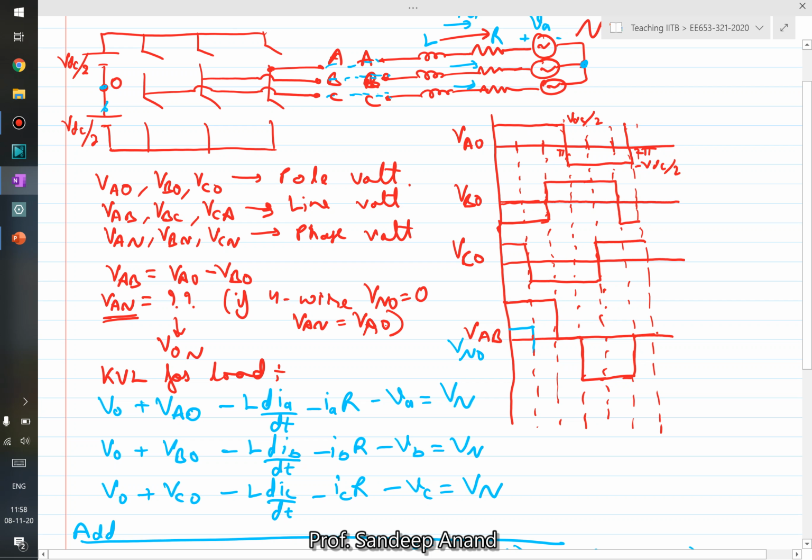Then in the second period, you will get minus VDC by 6, then again plus VDC by 6, then again minus, and so on. So this level is VDC by 6 and this is minus VDC by 6. This is how your VNO, the neutral to pole voltage, would look.